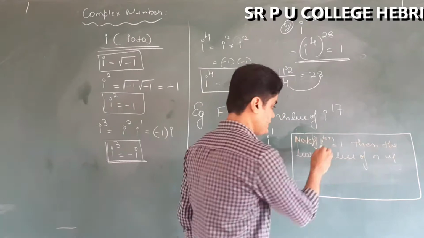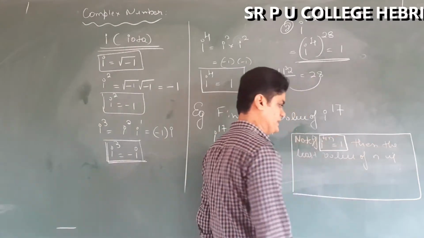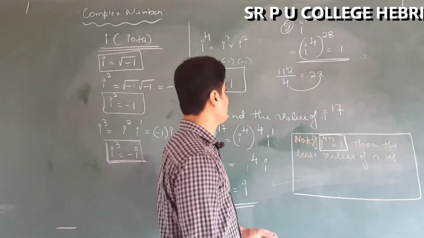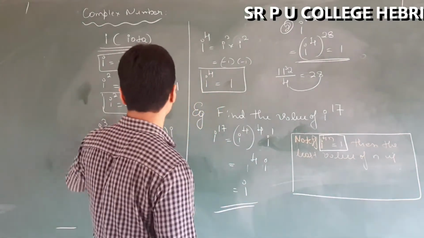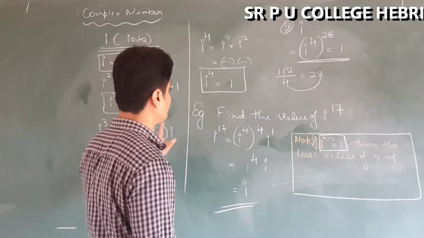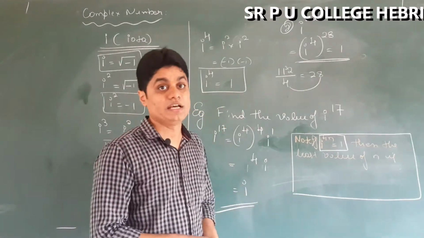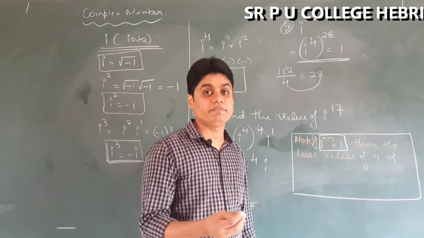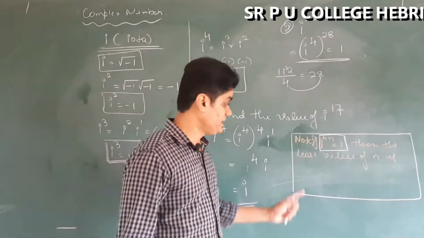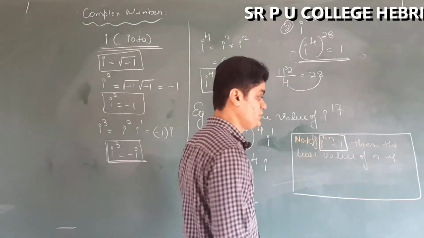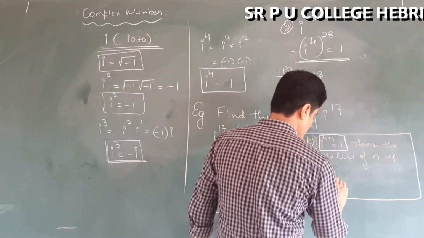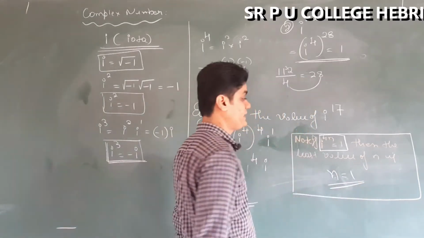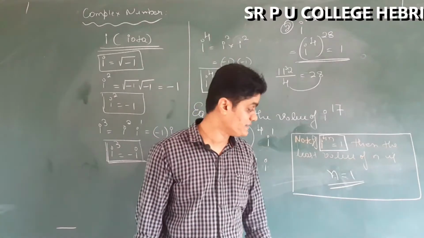For i power 4n to be equal to 1, which is the least power of i where i to that power is equal to 1? i square is minus 1, i cube is minus i, i power 4 is 1. So the least power of i where it is equal to 1 is 4. Here we have 4n. So what is the least value of n? Least value of n is 1. The least value of n which satisfies this expression is n equal to 1.